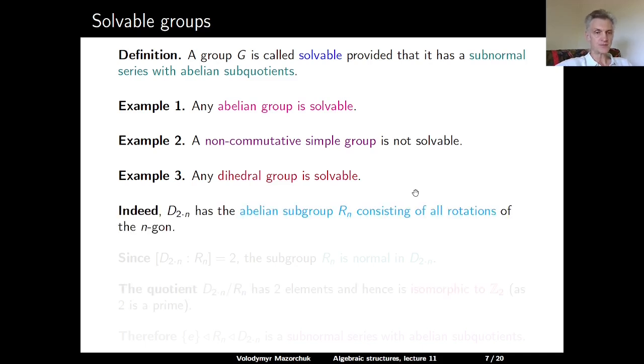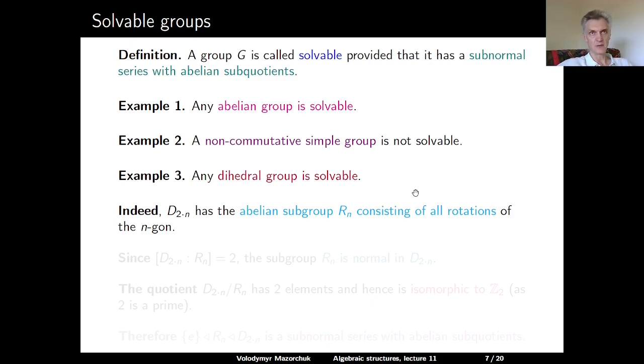Indeed, if you look at the dihedral group D2n, that's the group of all linear symmetries of an n-gon inscribed in the unit circle in R2. That group has an abelian subgroup which consists of all rotational symmetries.